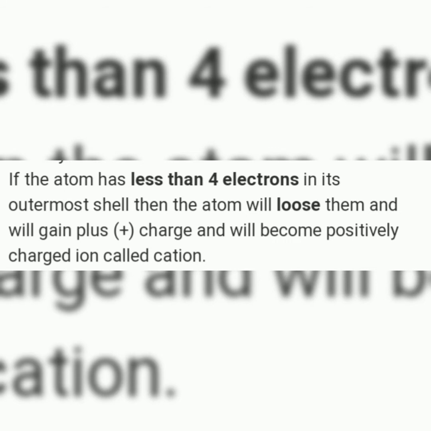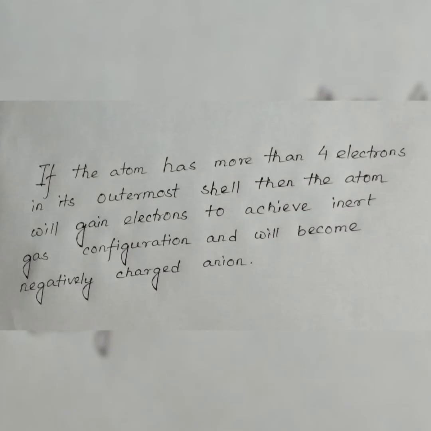If the atom has more than 4 electrons in its outermost shell, then the atom will gain electrons to achieve inert gas configuration and will become a negatively charged anion.